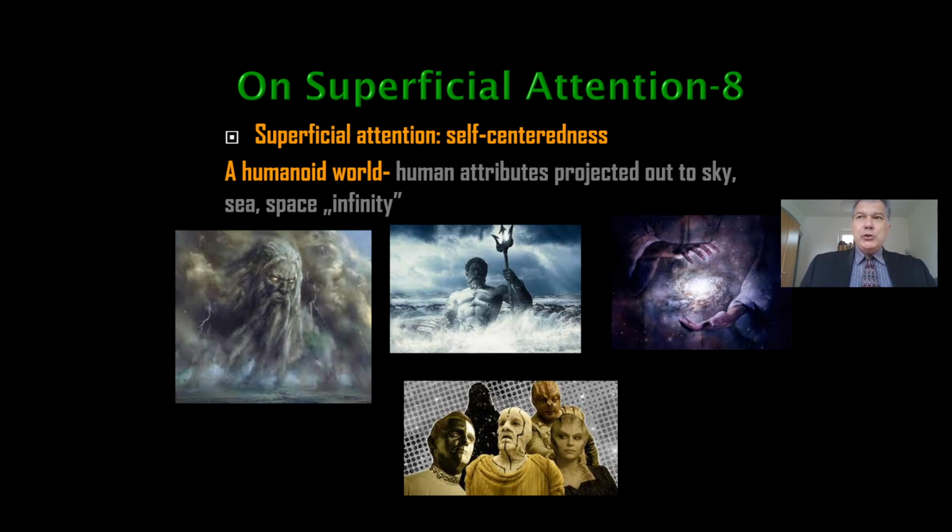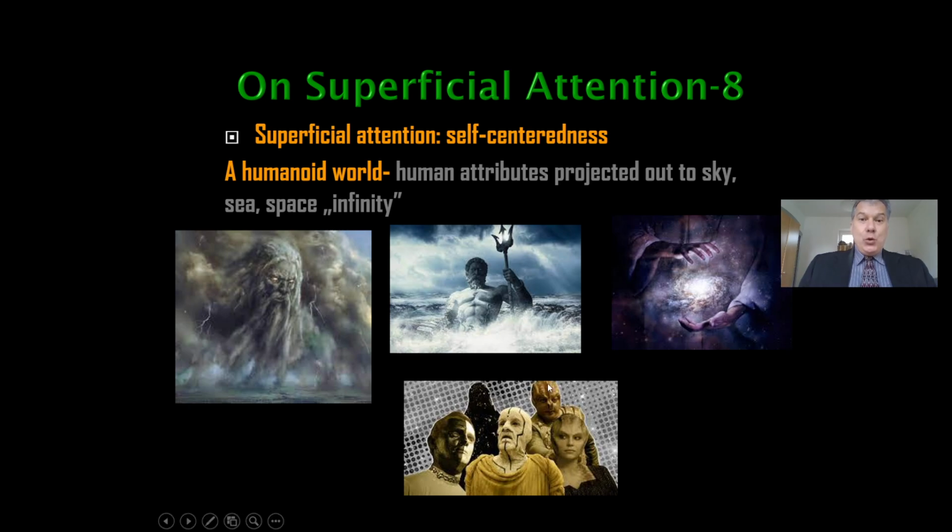Now, so what do you do to simplify things? Well, the definition of naivete and mental inertia is to project things out. In other words, what is here must be also out there, okay? So you project things out.